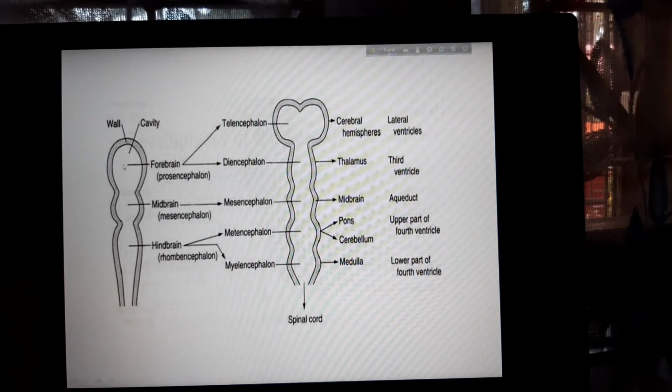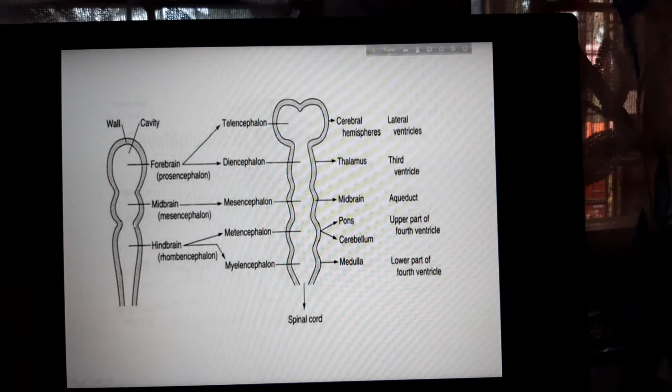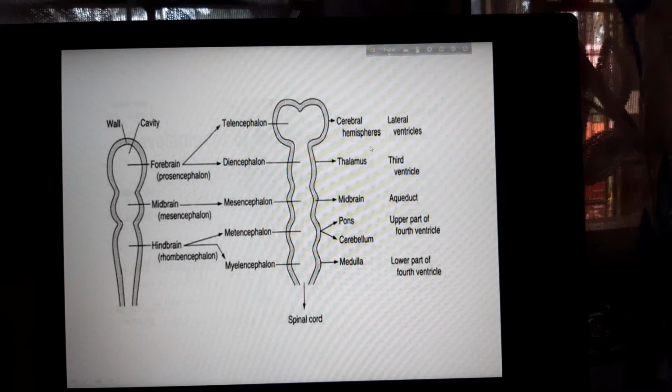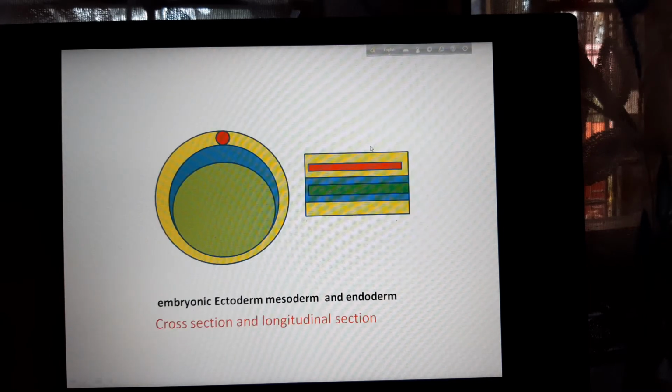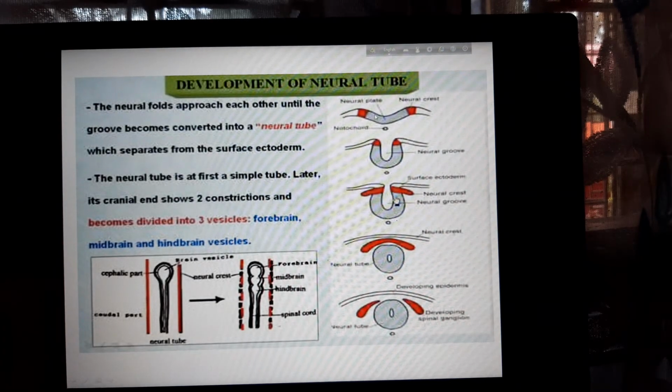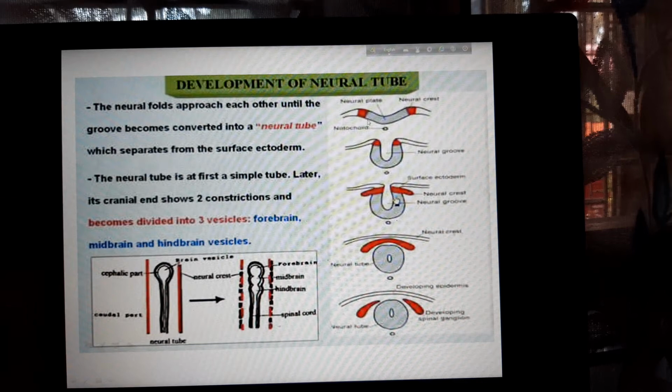That means in the first embryological state there are 3 brain vesicles, forebrain, midbrain, and hindbrain, and these 3 vesicles are again divided into many vesicles. This is the development of the brain.